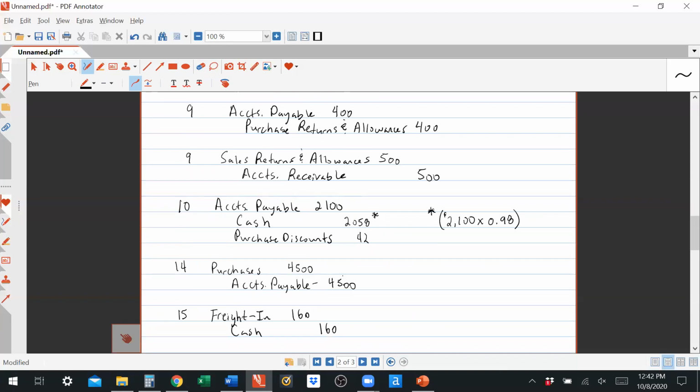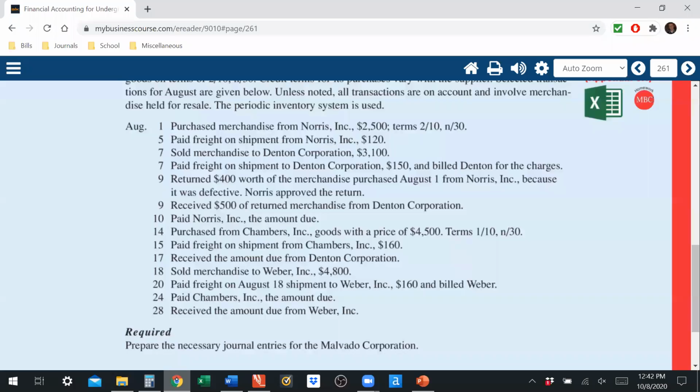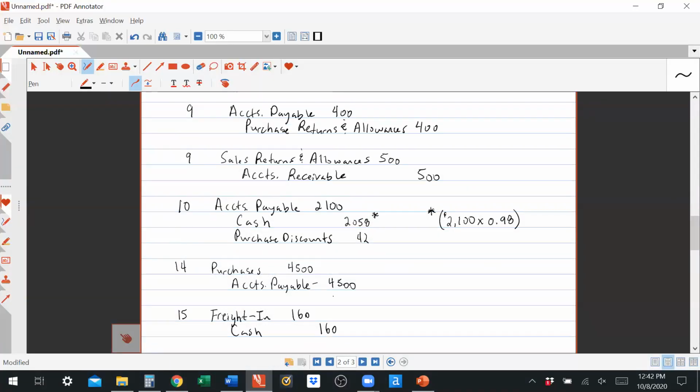Right here, this was accounts payable dash Chambers, right? Same thing with accounts receivable. We have accounts receivable for Denton, and then we have accounts receivable for other customers. And then we add up all those individual accounts receivable to get the total accounts receivable. Same thing for the accounts payable. That would make this problem a little bit easier to follow. I'm just using the one account, keeping track of it in my head.